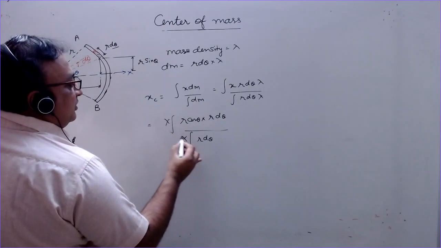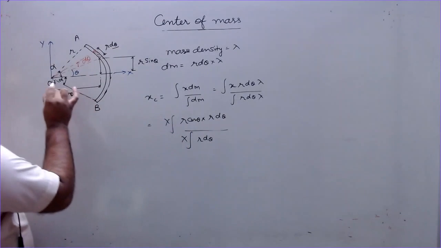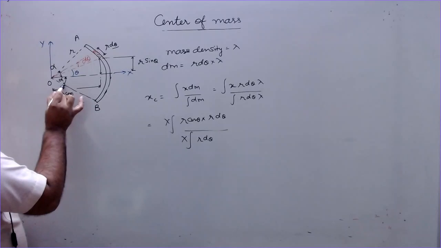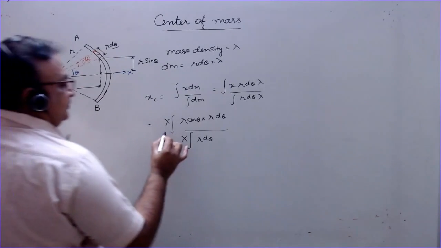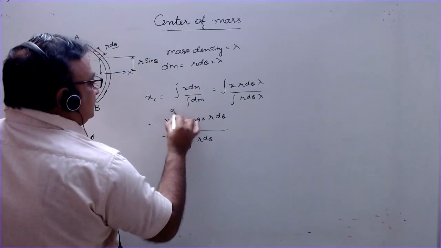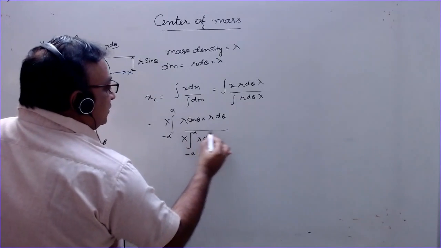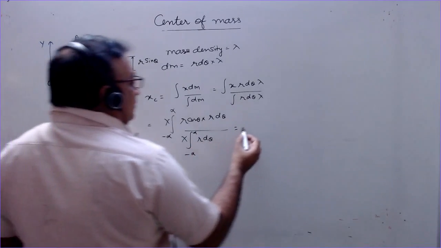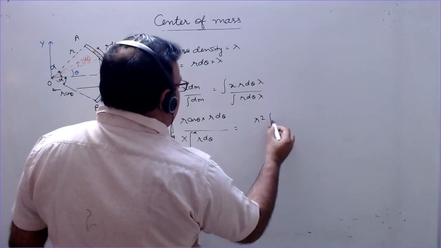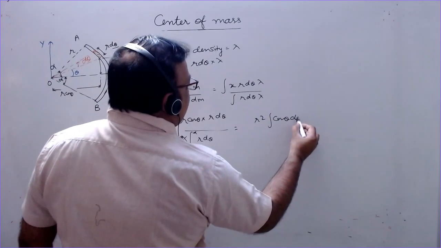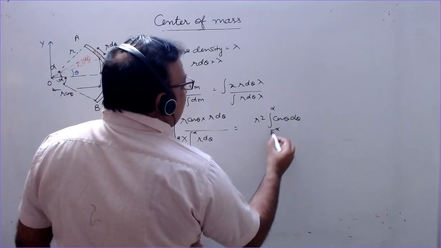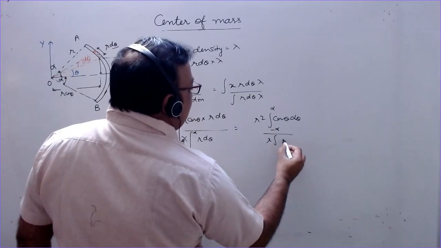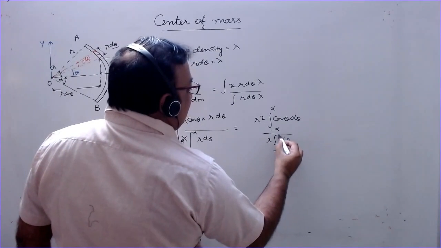Lambda cancels out. Theta is a variable varying from minus alpha to plus alpha. So r is also a constant, so r square integral of cos theta d theta from minus alpha to alpha by r integral of d theta from minus alpha to alpha.